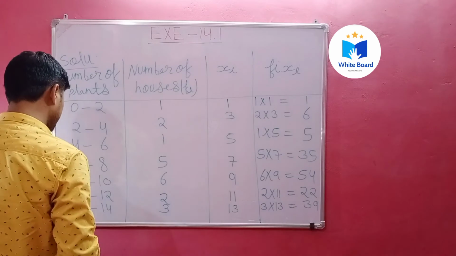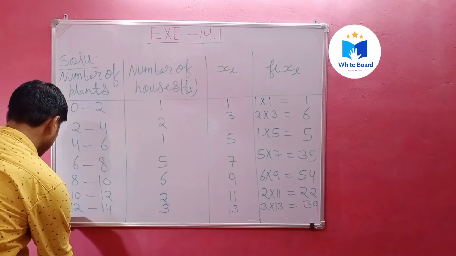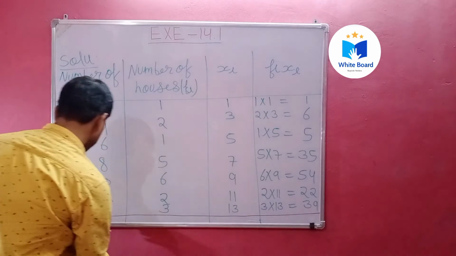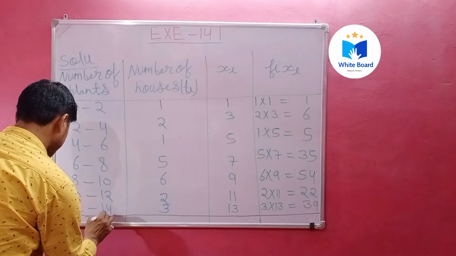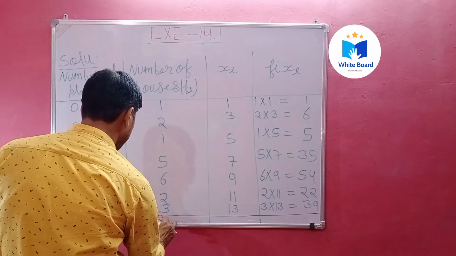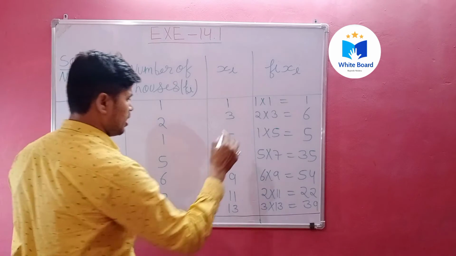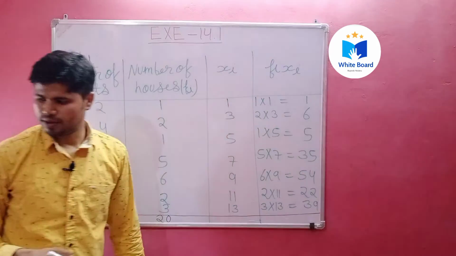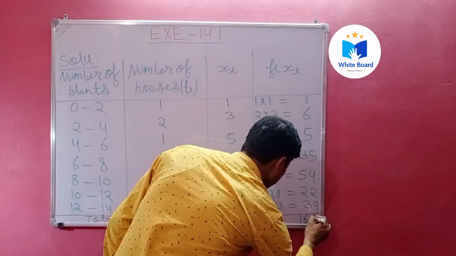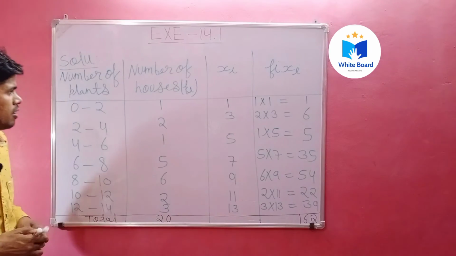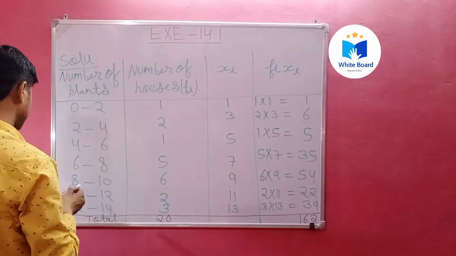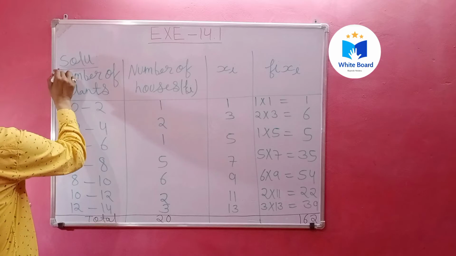Now we find out the total. Here the total of frequency is 20, that is also given in the question, and the total of fi xi we have 162. Now we have completed the table in which the given data is from the question.